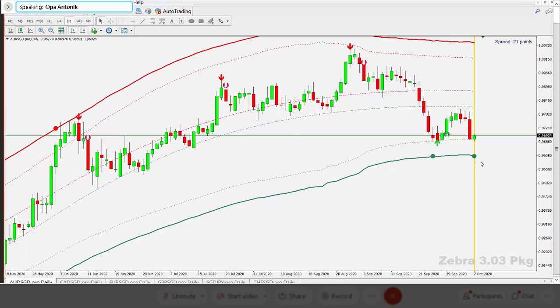So tomorrow, what I'm going to be looking for is I'll look at the Aussie Singapore dollar and see if I get an alert arrow. Once I get the alert arrow, then I need to wait until the end of that day, and then decide, do I want to take the trade on the long side?